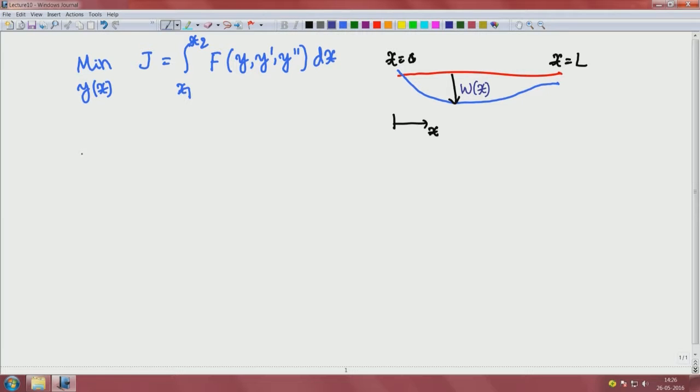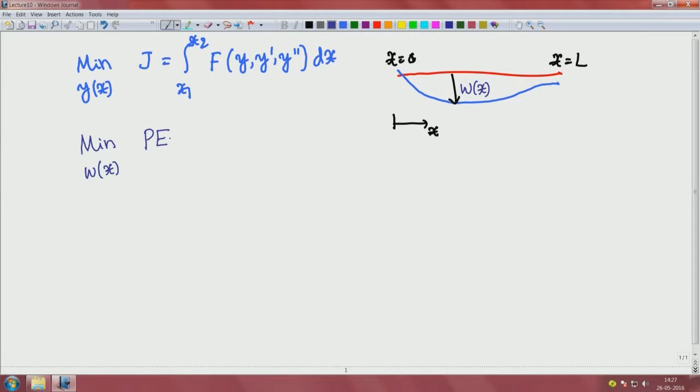So, like we have written this minimization problem, now we say minimize with respect to w of x, that is the function that we do not know. Instead of J, we have the functional which is the potential energy, because you may recall that variational methods are also called energy methods.